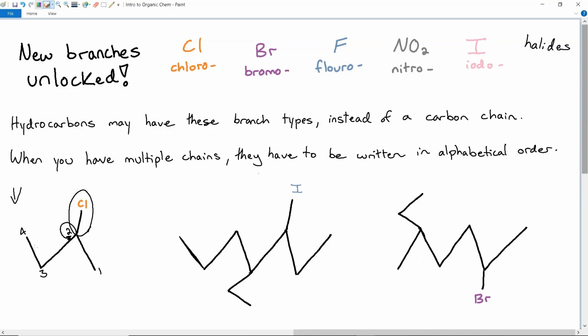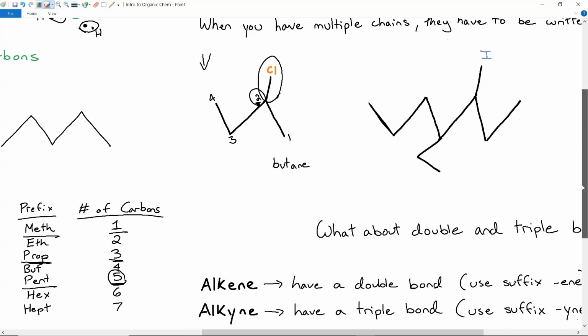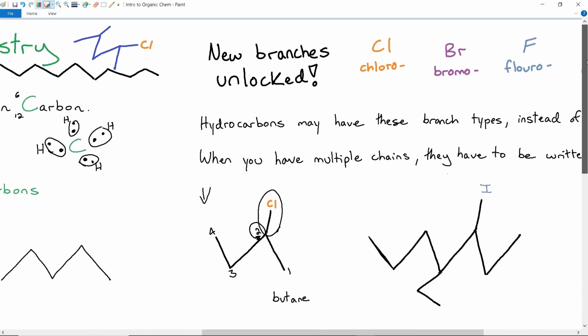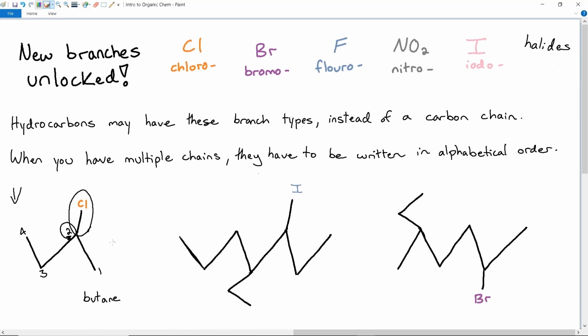So 4 carbons together is going to use the ending of butane. I don't think you're going to get this prefix table on a test, so it is going to be very useful to memorize it. So 4 carbons is butane.